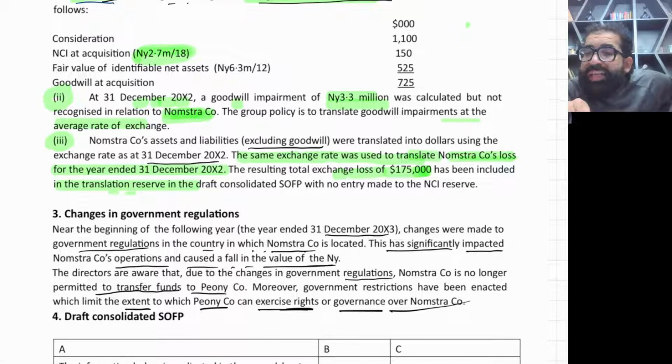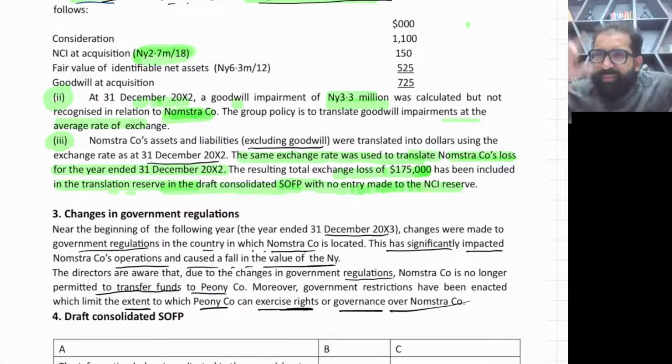And the second error: the resulting total exchange loss of 175,000 has been included in the translation reserve in the draft consolidated SOFP with no entry made to the NCI reserve. Hope you remember.